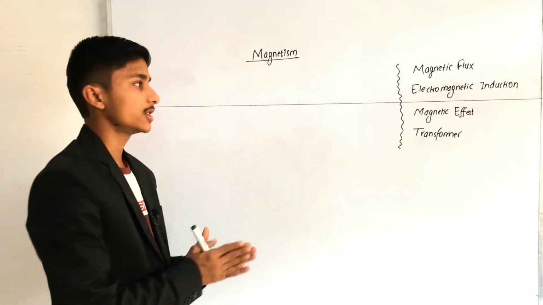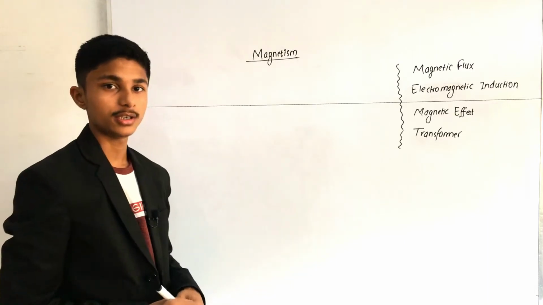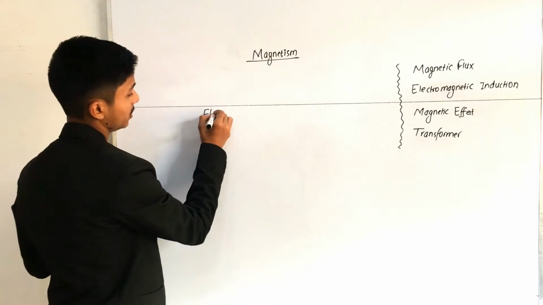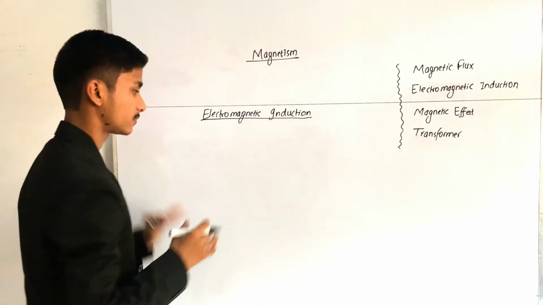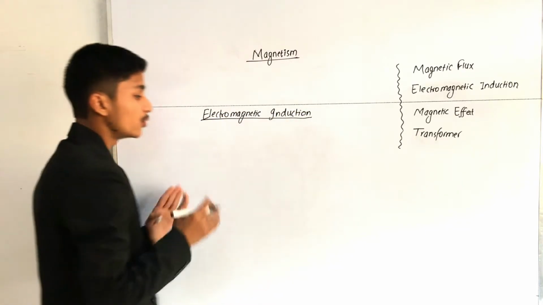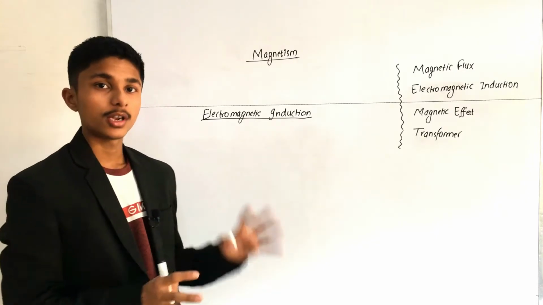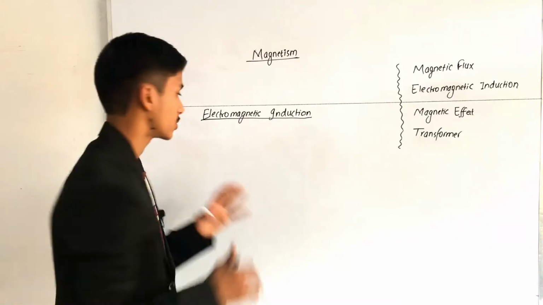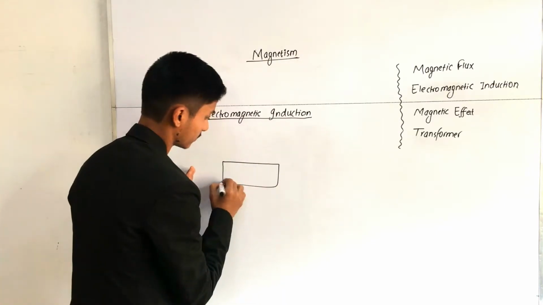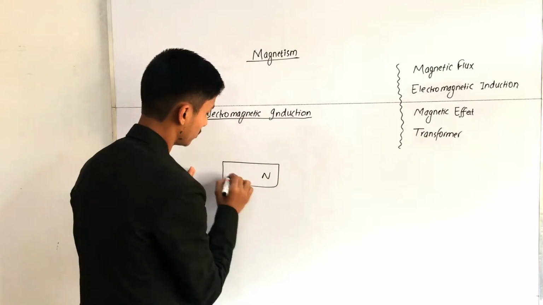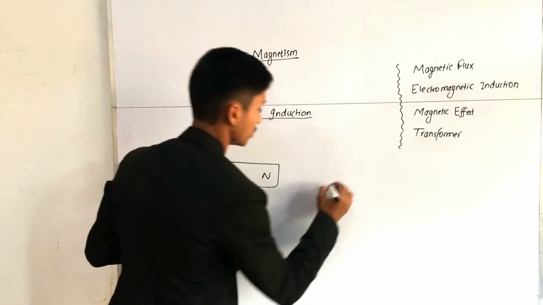Now we move to our next topic, that is electromagnetic induction. What is electromagnetic induction? We have a concept about magnetic lines of force. Here this is a magnet having a north pole and a south pole.